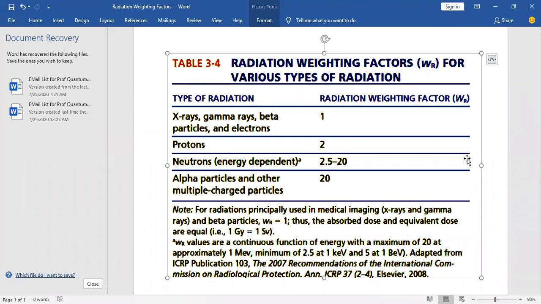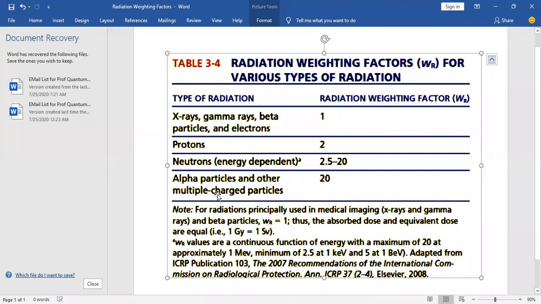Okay. We can see the radiation weighting factor for many types of radiation. For X-rays, gamma rays and so on, the radiation weighting factor is 1. For protons, it is 2. Then neutrons are energy dependent, from 2.5 to around 20. Thermal neutrons have close to 20, while slow neutrons have around 2.5 to 10, and so on.